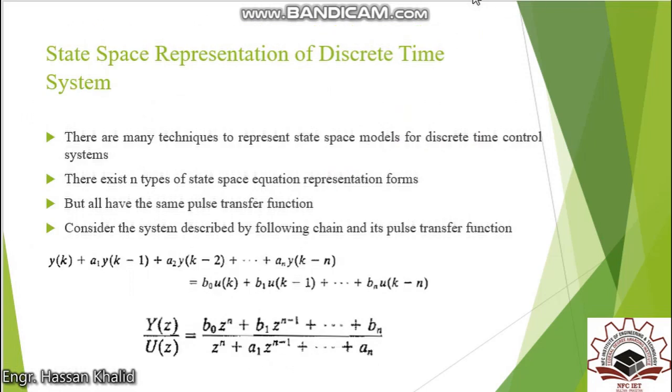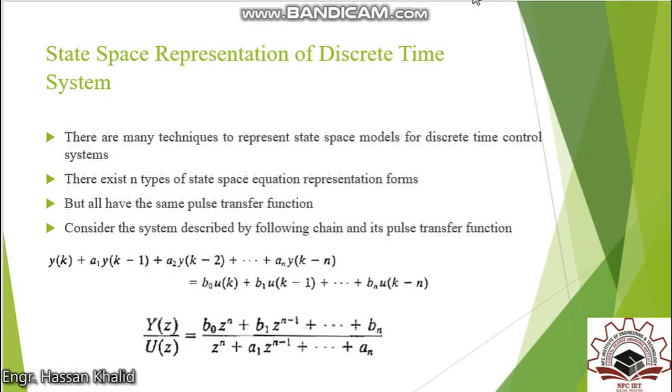Now let us define the state space representation for this discrete time system. There are many techniques to represent the state space model for discrete time control systems. Keep in mind that there exist n state space representations for a single system, but all of them will have the same transfer function.